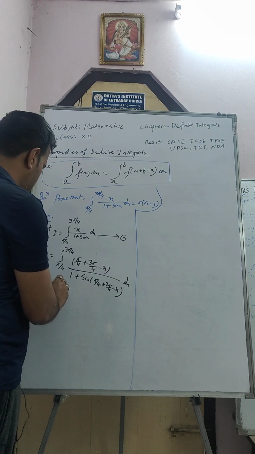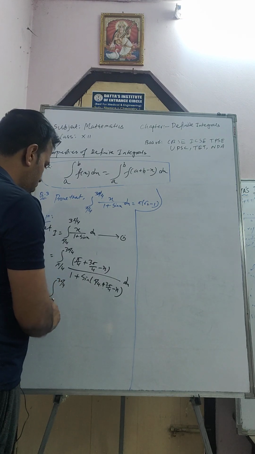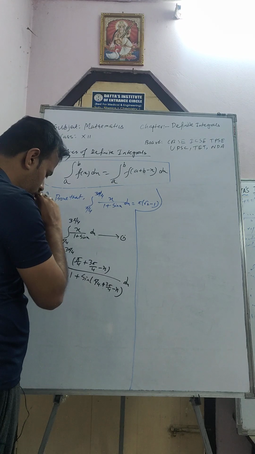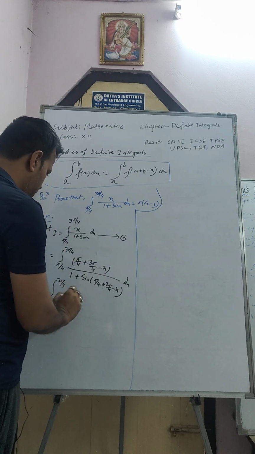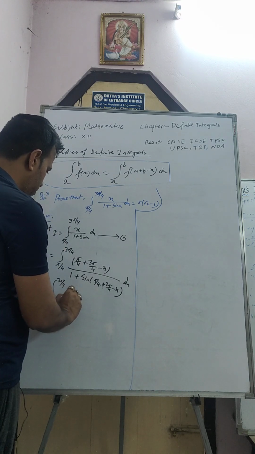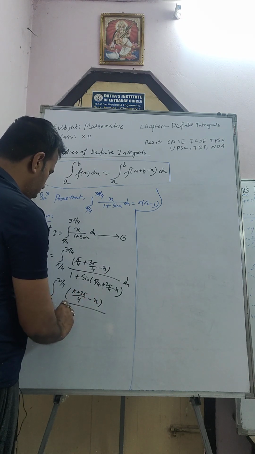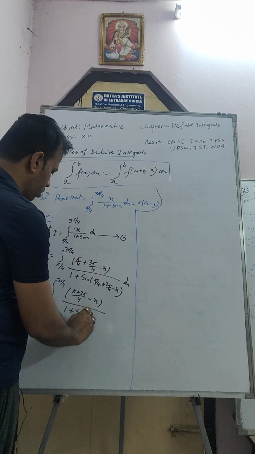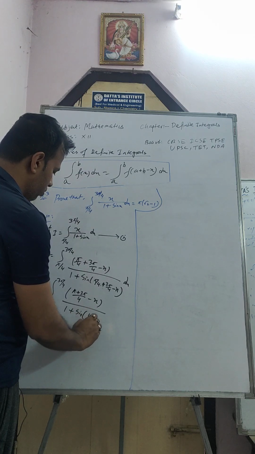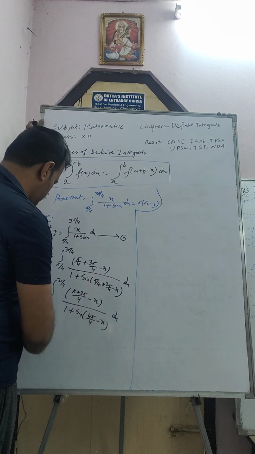Pi by 4, 3 pi by 4, it will become pi plus 3 pi by 4 by 4. Here, 1 plus sin (pi minus x) dx.